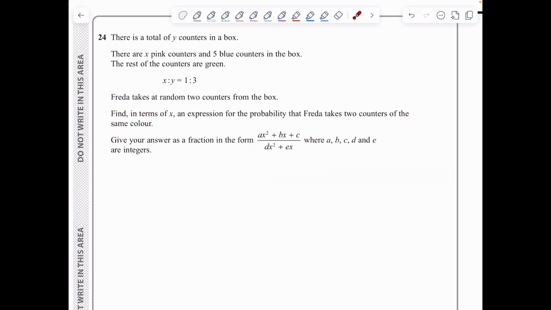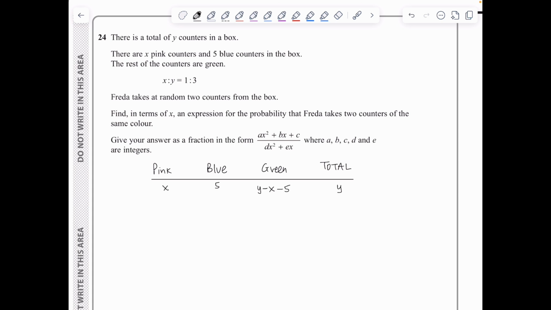So let's draw up a table to see exactly what's happening here. We've got pink, blue, green, and the total. Well, we have been told that the number of pink counters is x. We've got 5 blue counters and a total of y counters. So the number of green counters should be y - x - 5.